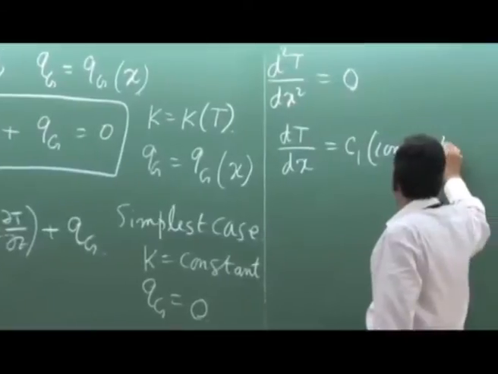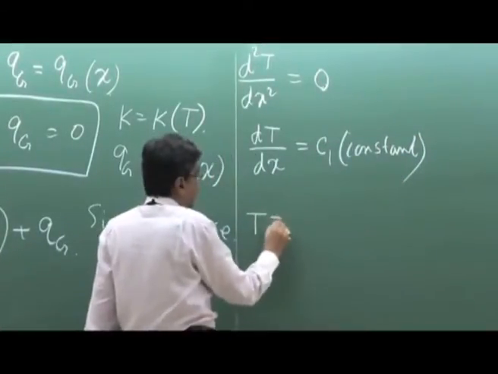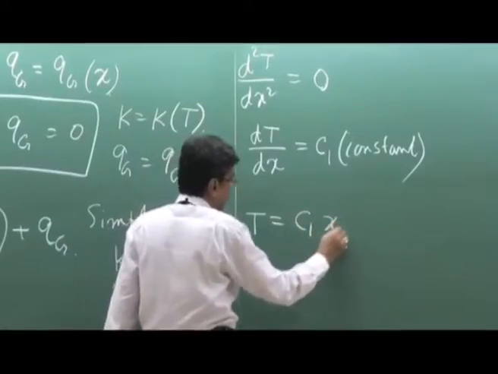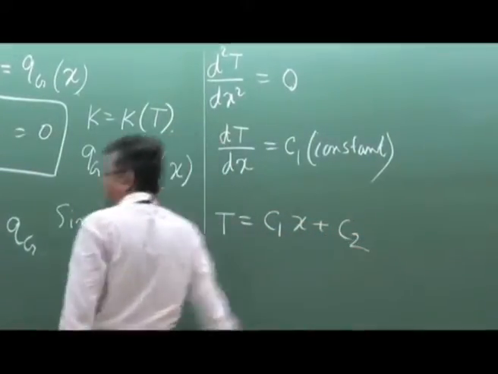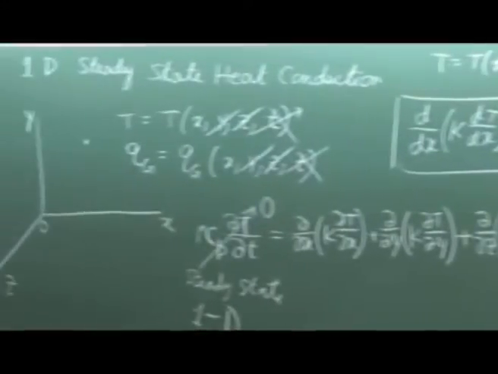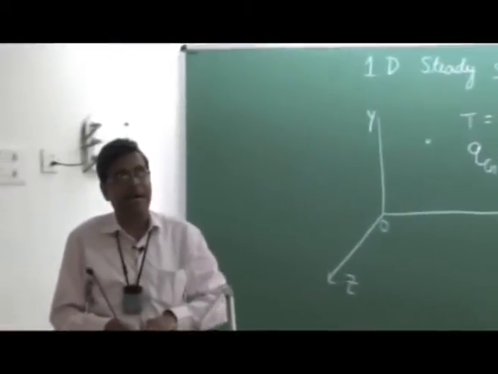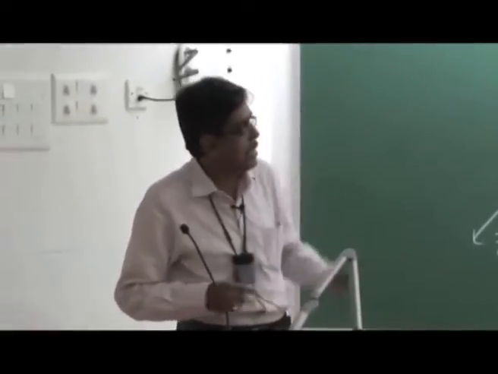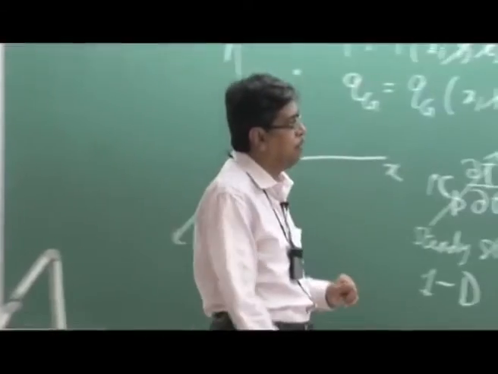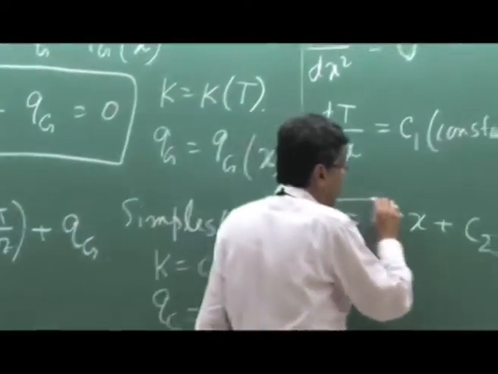And if we further integrate, we get the temperature as a linear function of x, where x is the direction along which we consider the temperature varies, and temperature doesn't vary in the other two directions y and z in this particular Cartesian frame of reference. So, therefore, this is a linear profile.